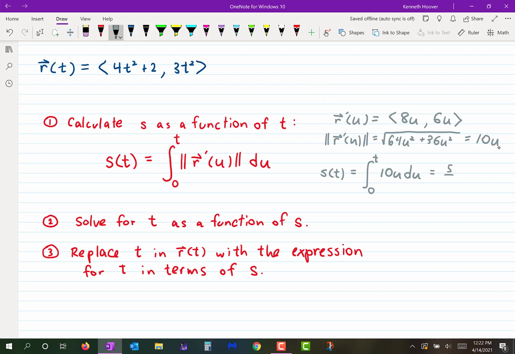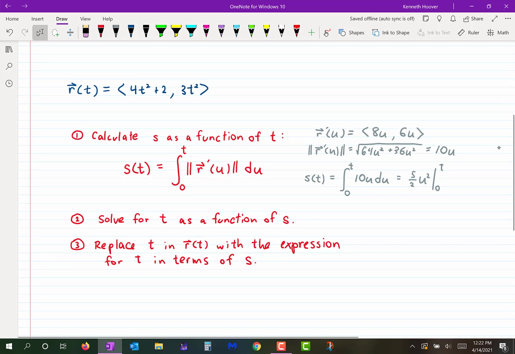Won't that be 5/2 u squared from 0 to t, right? Which is equal to 5/2 t squared. So s equals 5/2 t squared. That means that t equals the square root of 2/5 s.